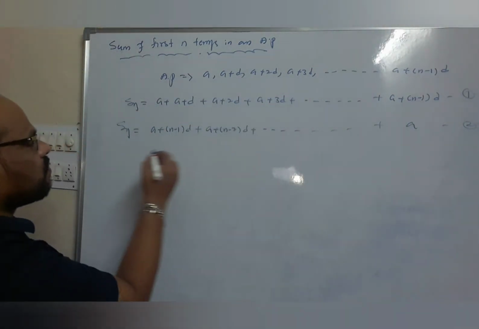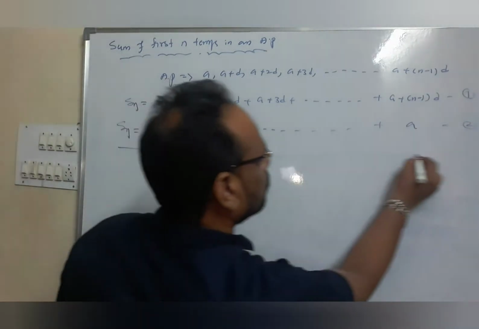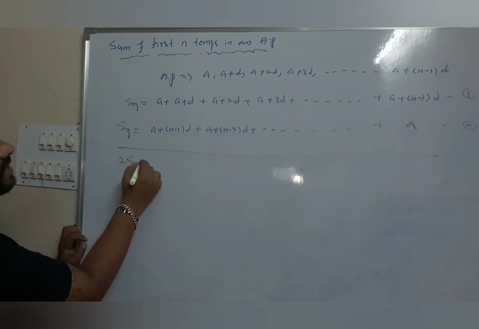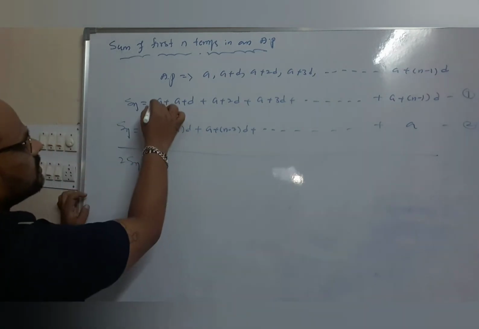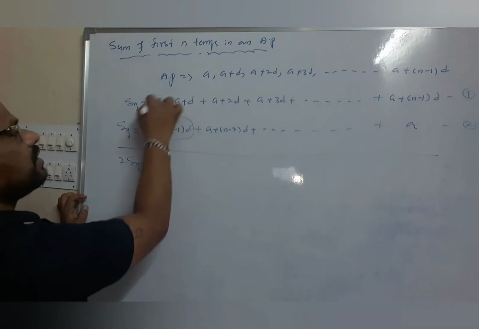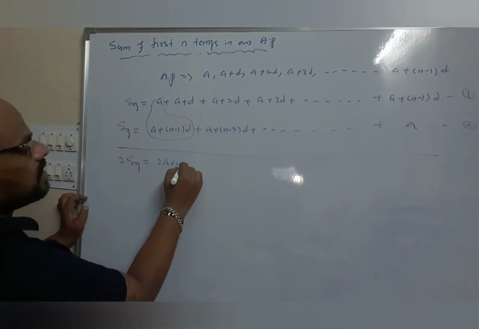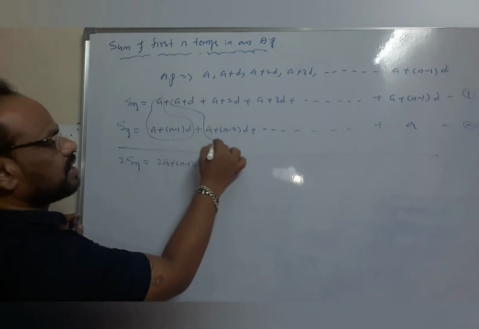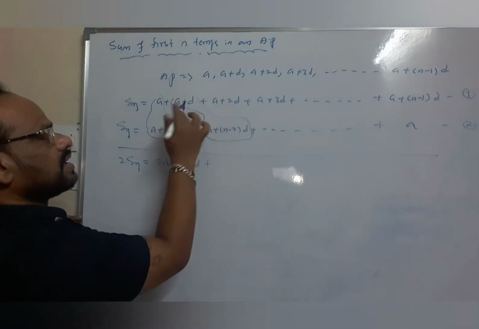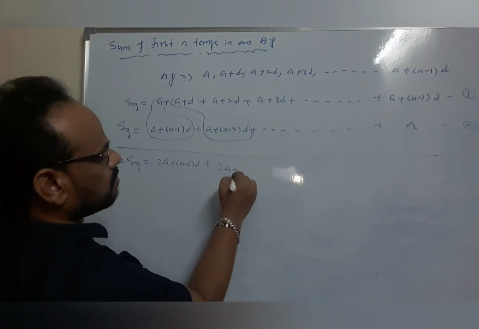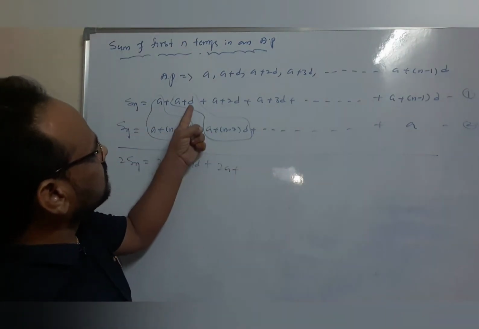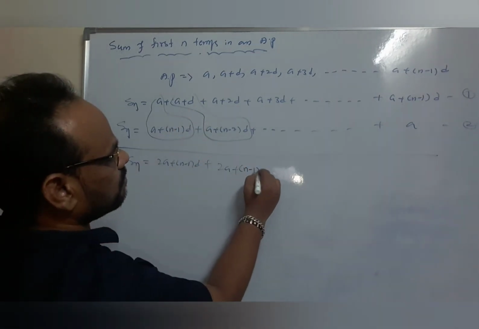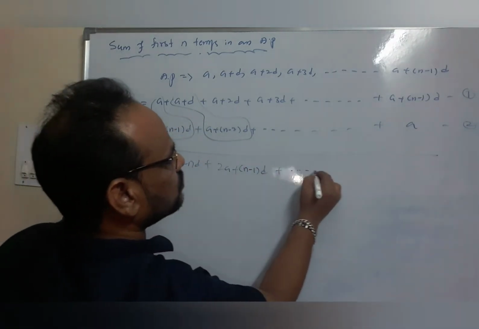Add equation number 1 and 2. We get Sn plus Sn, 2 times Sn, is equal to: A plus A is 2A, plus n minus 1 into D; then A plus D plus A plus n minus 2 into D, that is 2A plus n minus 2D plus D, that is 2A plus n minus 1 into D; plus and so on.